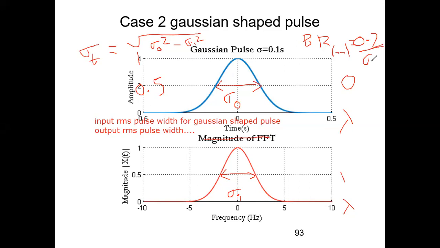I have calculated sigma t, sigma total, and your bit rate max is given by 0.2 upon sigma t. If you are given input and output RMS pulse width, you calculate sigma t by this particular formula. But for the RMS pulse broadening, from the delay difference we calculated just now in the previous formula, I'm writing it down, you write it properly.